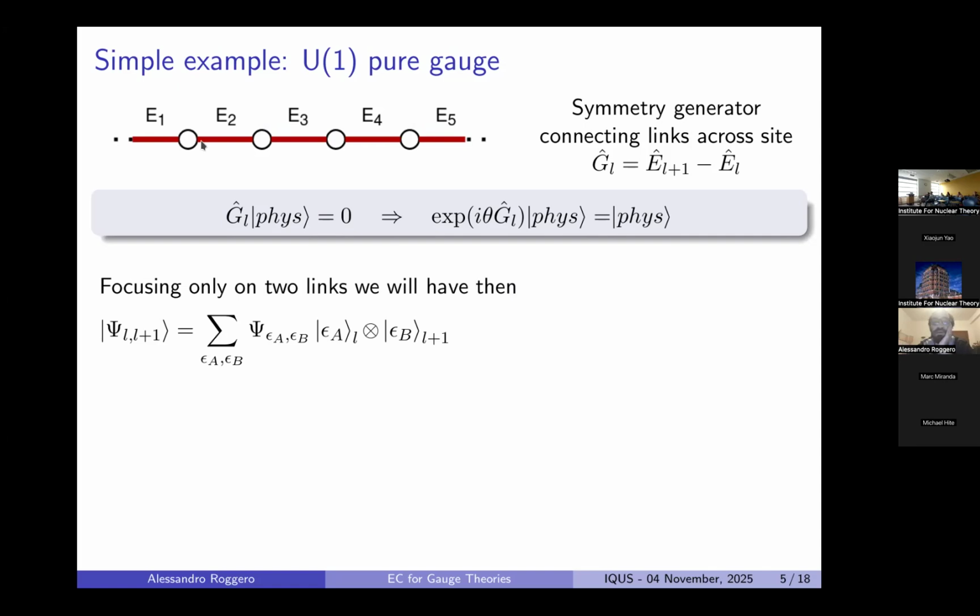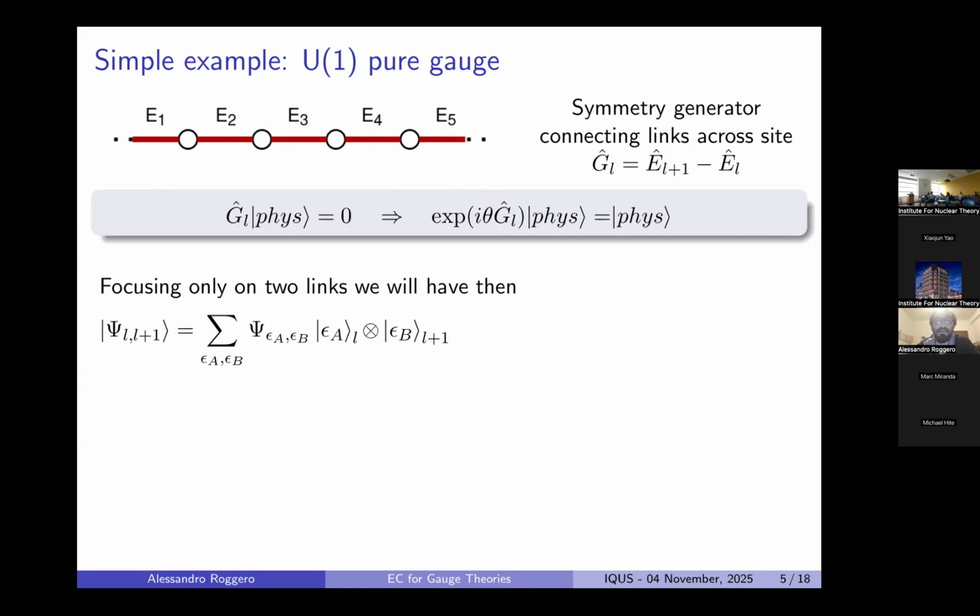you have electric fields on every link, and Gauss's law in this particular case just tells you that the electric field on both sides of a site needs to be the same. We can turn this into a symmetry operation by exponentiating the Gauss law operator. And again, we are seeing that physical states are exactly those stabilized by the symmetry operations.